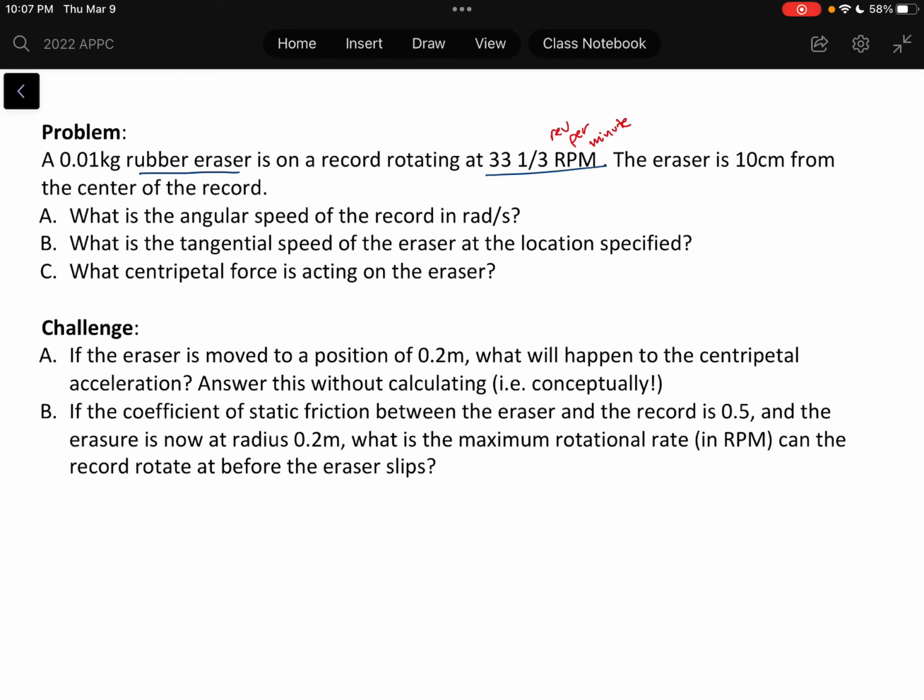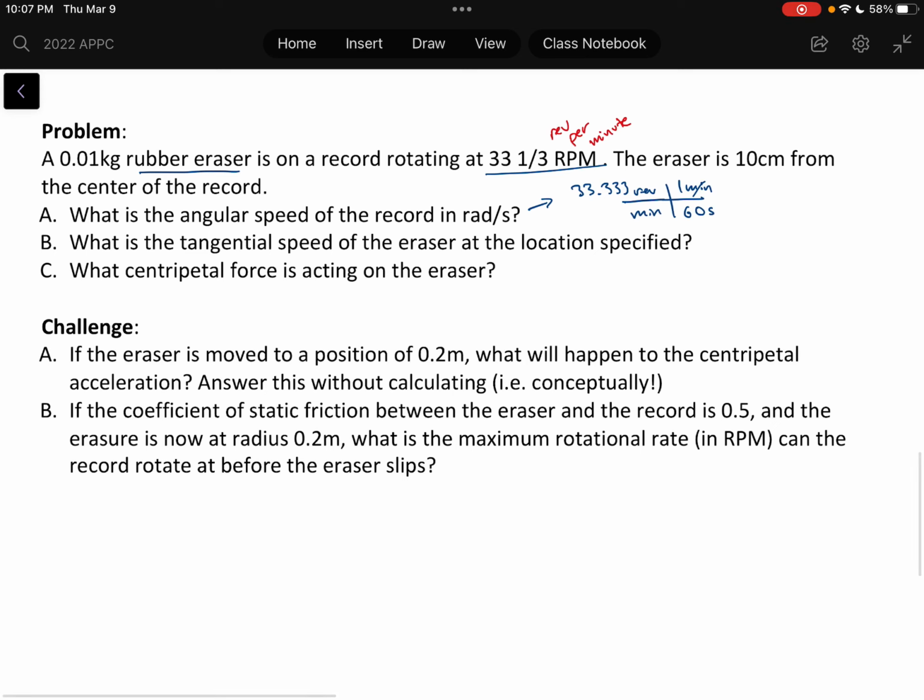We're given a rotational rate of 33 1/3 RPM. So this is just a conversion problem where we do 33.333, or some people are putting it as 100/3, revolutions per minute. We go through some conversion tables here. 1 minute is equal to 60 seconds, so the minutes cancel.